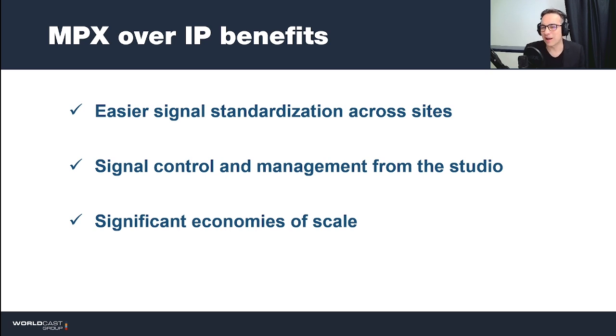Everything is more at the studio, actually, because we have the sound processor and the stereo encoder at the studio in this case. Also, we have better signal control and management from the studio and significant economy of scale, because all the features that are multiplied by the number of sites are now at the studio in a single operation. So in terms of cost, it may be interesting, depending on your network, of course.